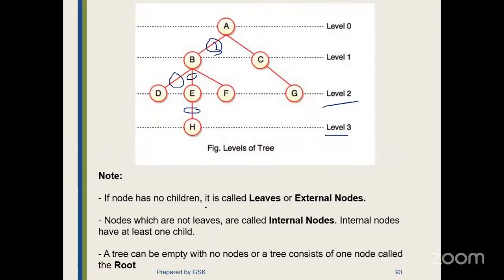If a node has no children, it is called a leaf or external node or leaf node. We covered that. Nodes which are not leaves are called internal nodes. Internal nodes have at least one child node. Already we covered this point also. A tree can be empty with no nodes, or a tree consists of one node called the root node.